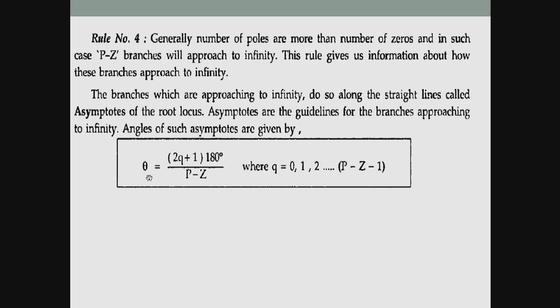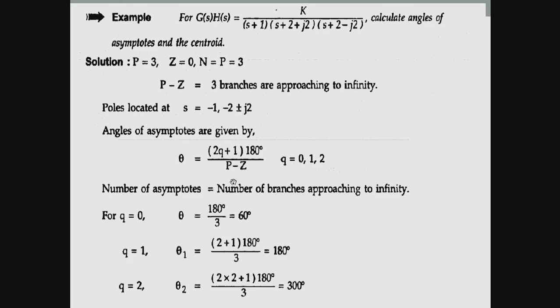The angle of such asymptotes is given by theta, which is equal to (2q plus 1) multiplied by 180 degrees divided by p minus z. This is how the asymptote angles are calculated. We'll try to understand this with a simple example. I have this G of s equation: K divided by s plus 1, s plus 2 plus 2j, s plus 2 minus 2j.